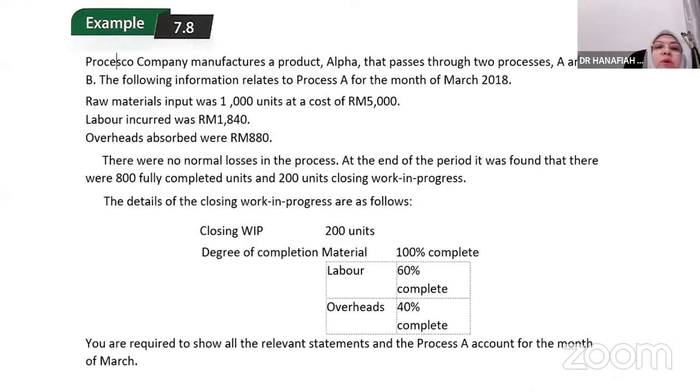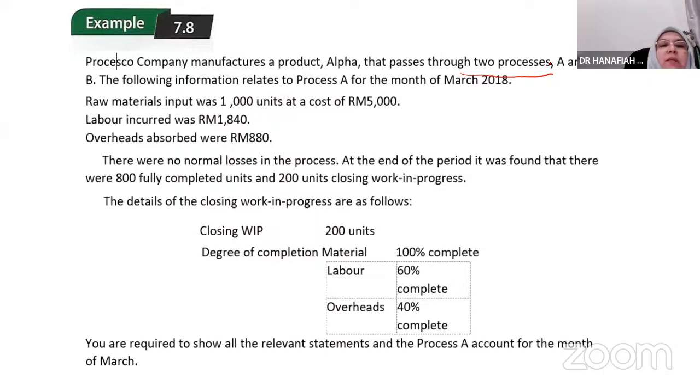Okay, example 7.8 here. Processco company manufactures a product called Alpha, which passes through 2 processes, A and B. The following information relates to process A for the month of March 2018.